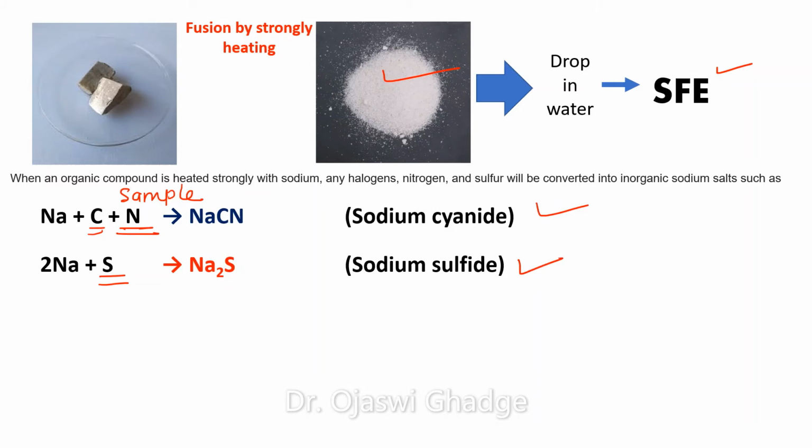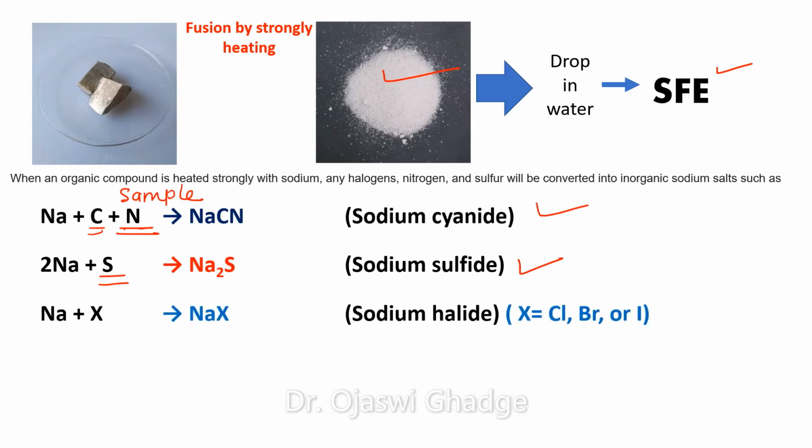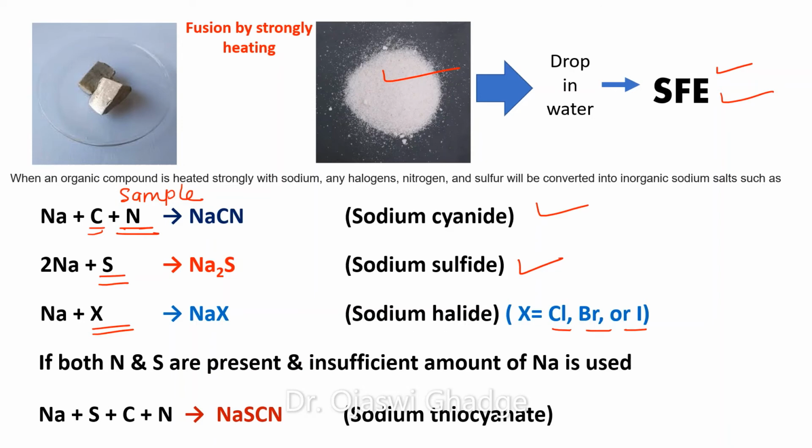If the compound has any halogen, chlorine, bromine, iodine, then the sodium fusion extract will have sodium halide in it. And if nitrogen and sulfur both are present, sodium thiocyanate is formed and that is present in the sodium fusion extract. I hope this is clear.